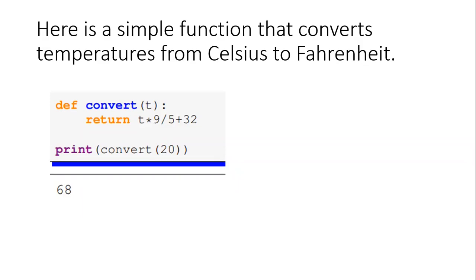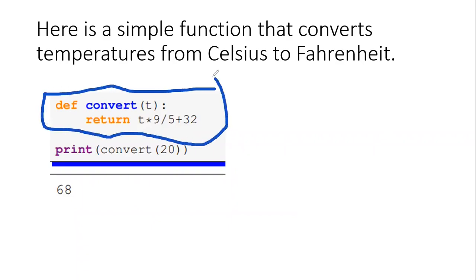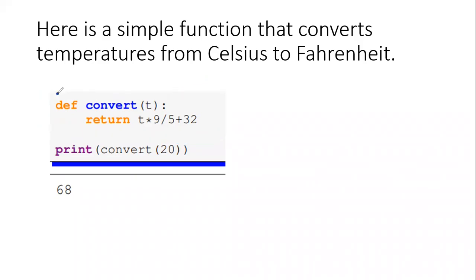So here is a simple function. We have to use the keyword def, the function name, and a parameter which receives the Celsius value. And this is a function which does the conversion and returns that value.